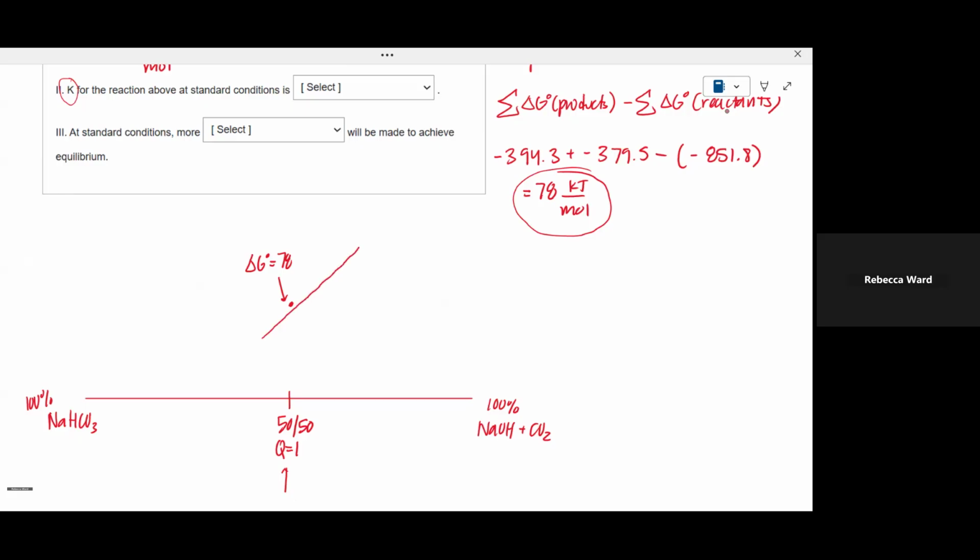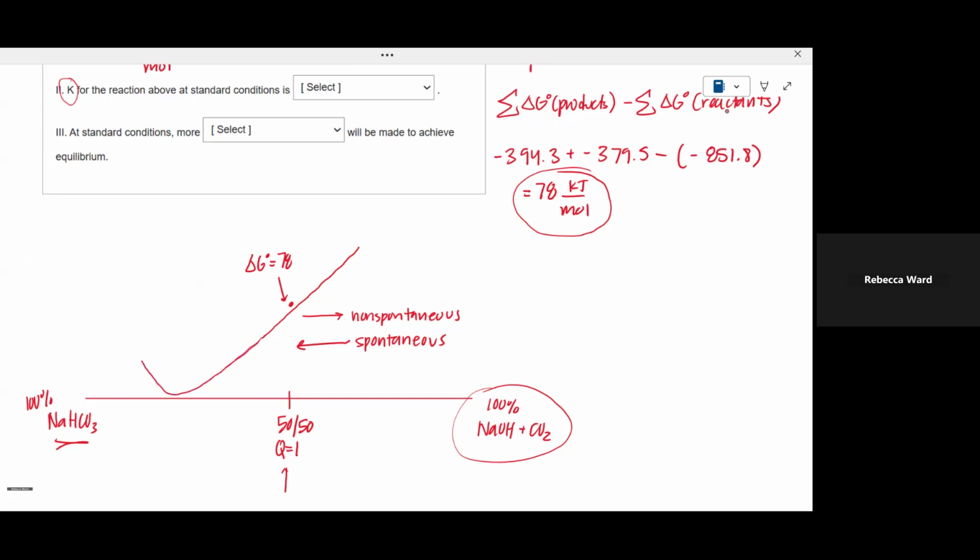Going towards more of these would be non-spontaneous, which means that going this direction and making more of our sodium bicarb must be spontaneous. So the system, when it gets set up with standard conditions, is going to roll backwards.